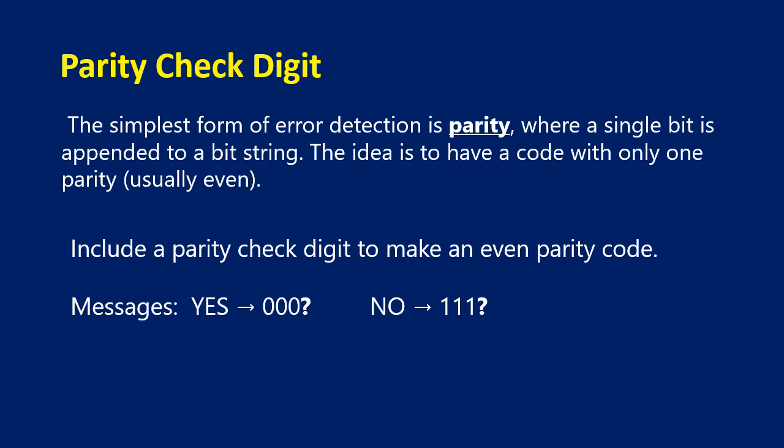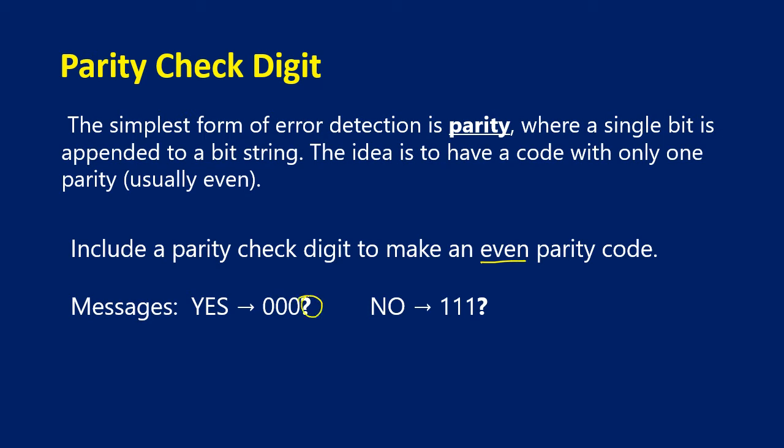Okay, so for example, include a parity check digit to make an even parity code. So for example, yes, we want to add one digit. But since we want it to be even, what should this be?